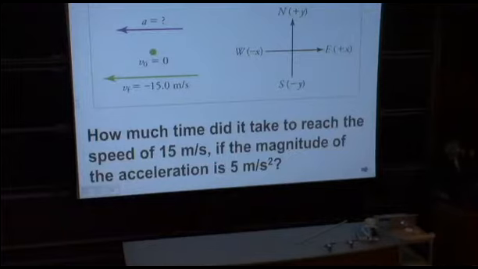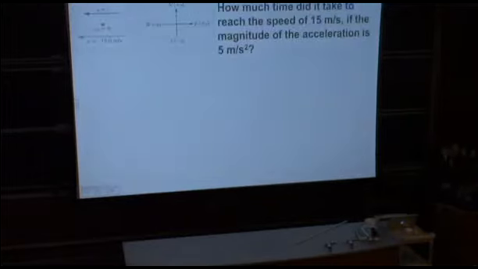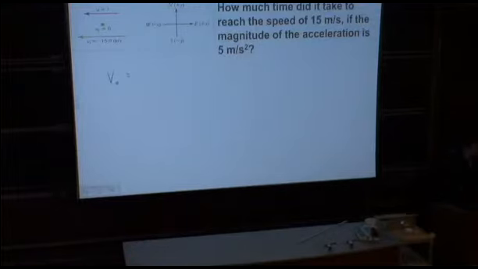Now let's do some actual problems related to motion with constant acceleration. That's the first one. A very simple problem, but it illustrates the importance of components. So, what is happening here? This symbol v naught, v sub 0, represents the initial velocity. The object starts moving from rest and reaches a speed of 15 meters per second.